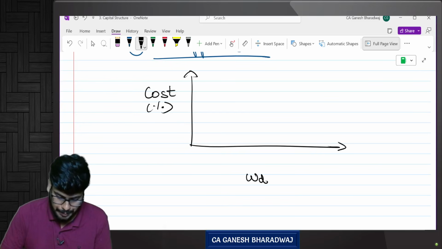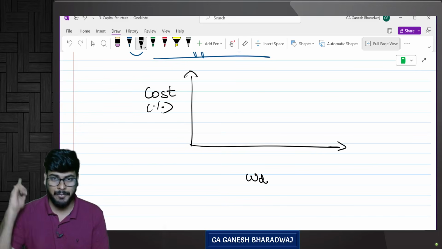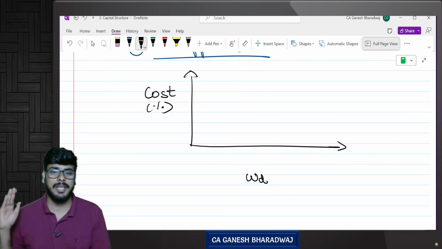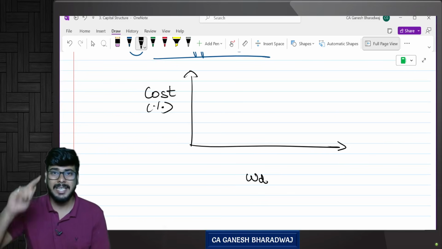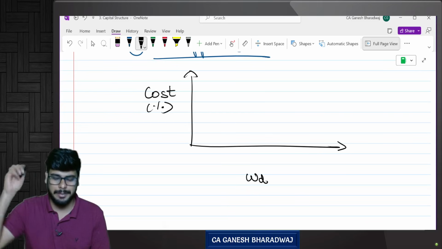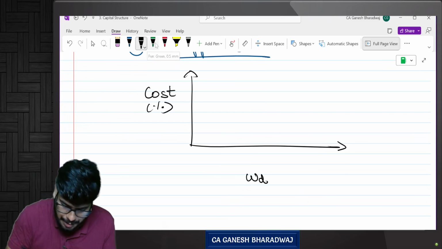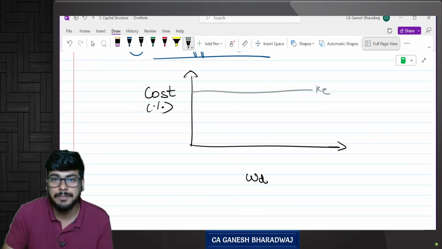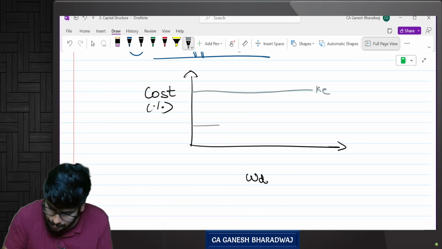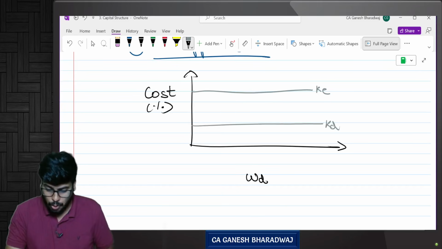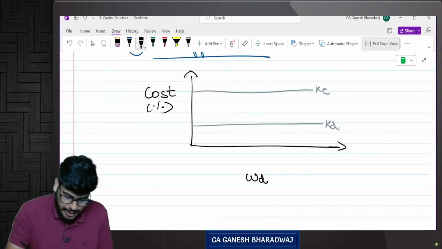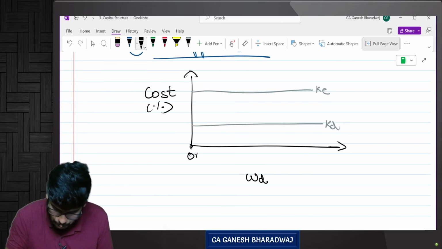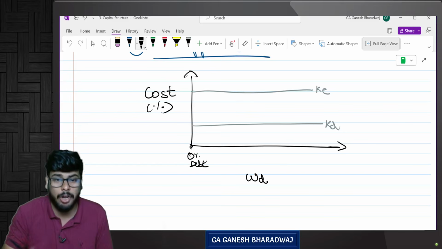Yes. Now what they are saying is, in this method, KE will always be constant, correct? KE will be constant. KD will also be constant, correct? Let us say this is 0% debt, that is no debt, all equity.